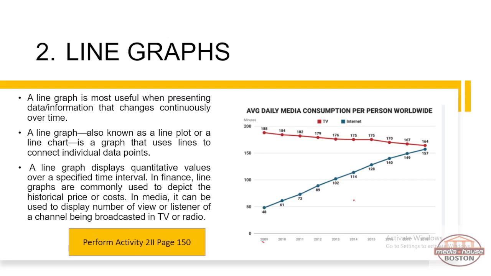So now more people are spending more time on the internet than on TV. This data shows consumption of TV and internet compared against each other from 2009 up to 2016. If we take a look at 2020, we'll notice that internet will be very high and TV will be very low.